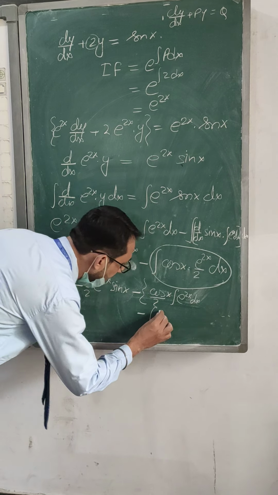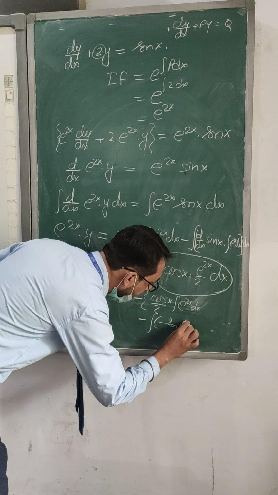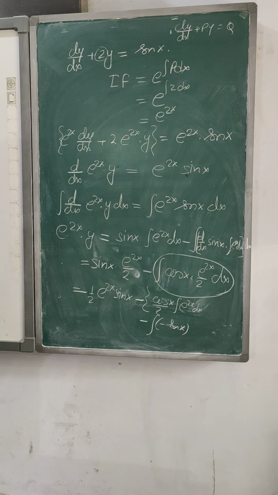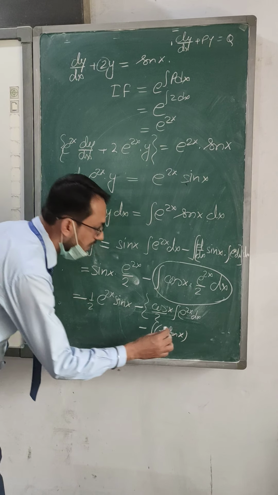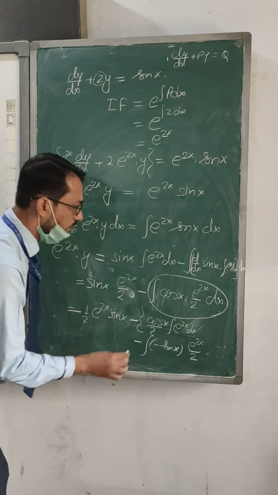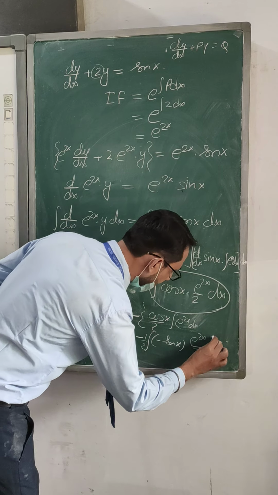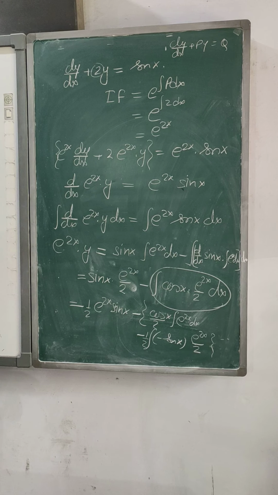Differentiation of cos x will be minus sin x into integral of e to the power 2x, which will be e to the power 2x by 2. This 2 will be with this also. So this will be the result.